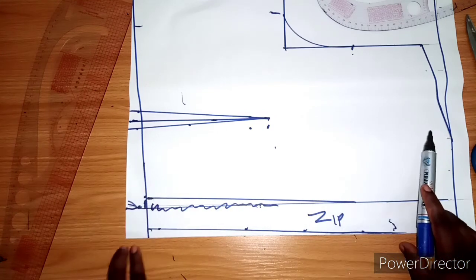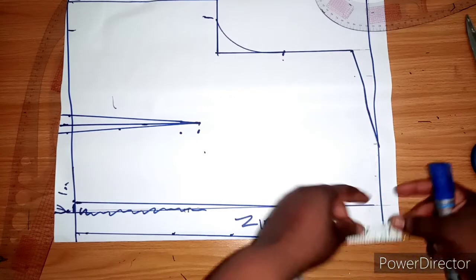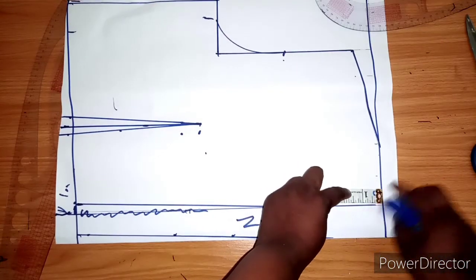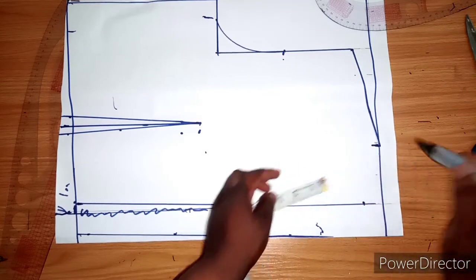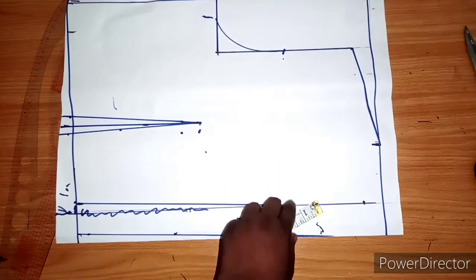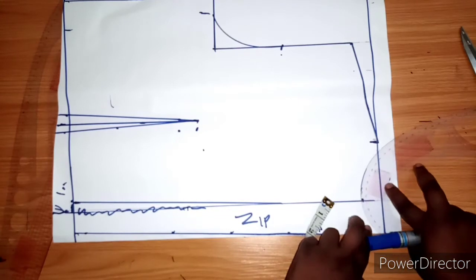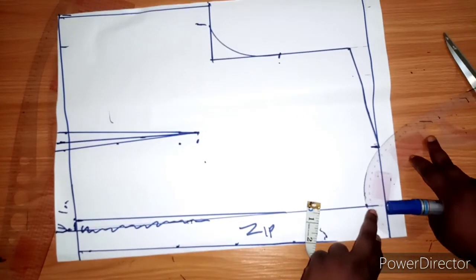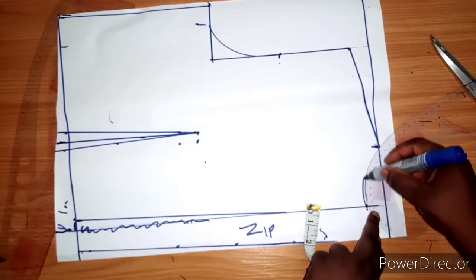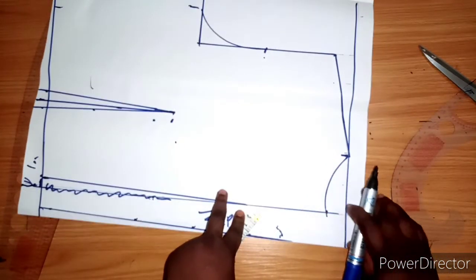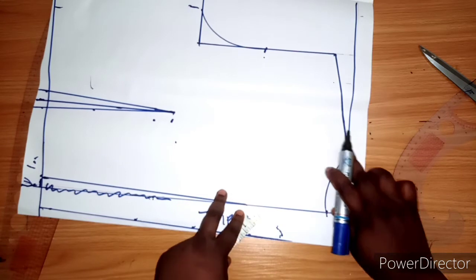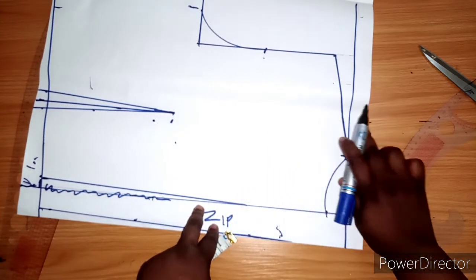Draw any neckline you wish to, but we're using our normal measurement, which is 3 inches. So this is our neckline. You can use any neckline you want. You want it low, you can take it low.